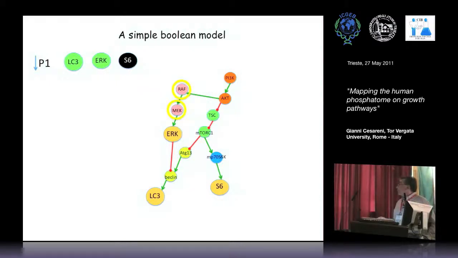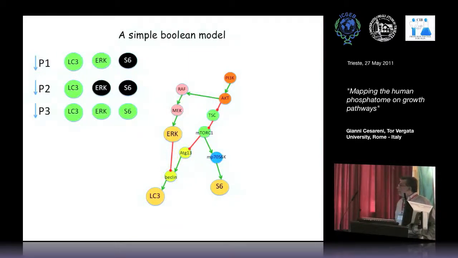Because if it was interfering with PI3 kinase or AKT, it should have also changed the activity of S6. In a similar way, if we have a second phosphatase that is only affecting LC3 but not ERK, then this means that this phosphatase is affecting these two nodes here, and so on and so forth. So essentially, we can establish a relationship between the phosphatases and the nodes of the network, epistatic relationships.